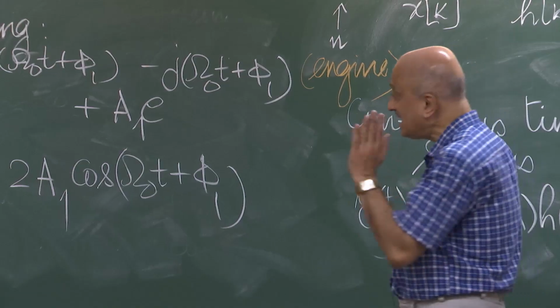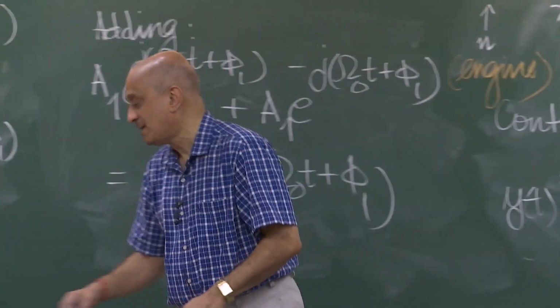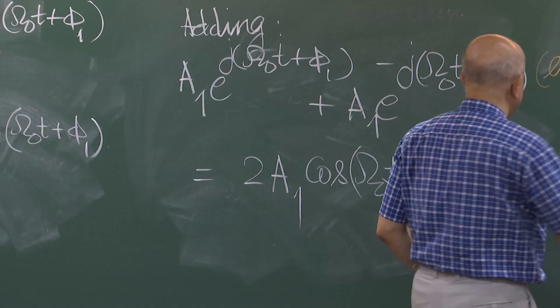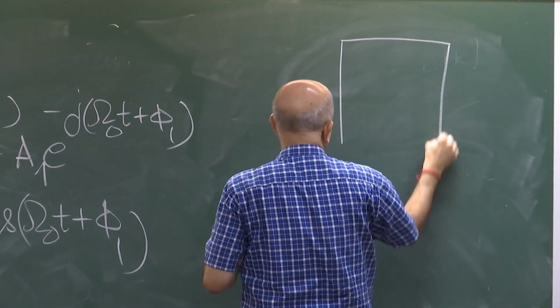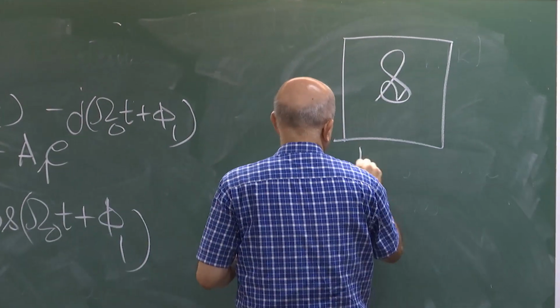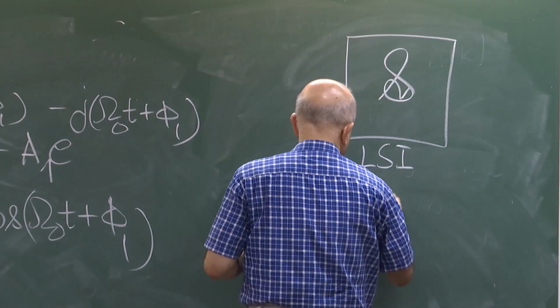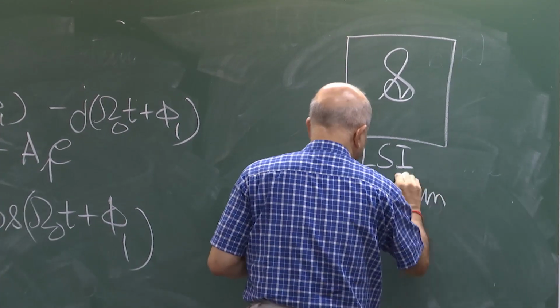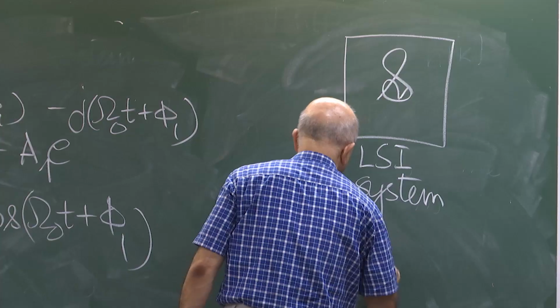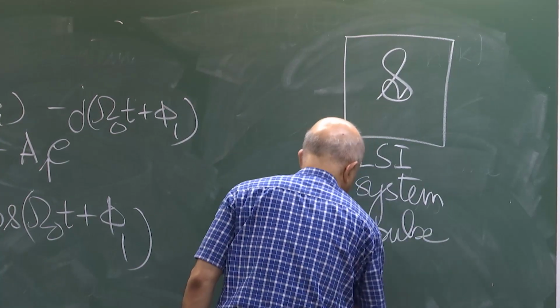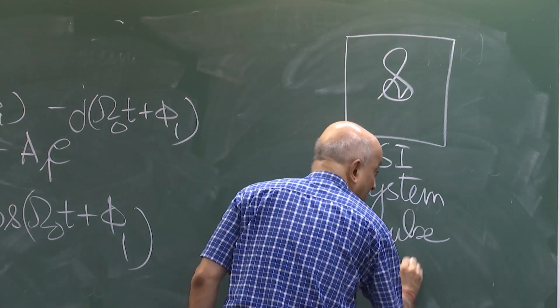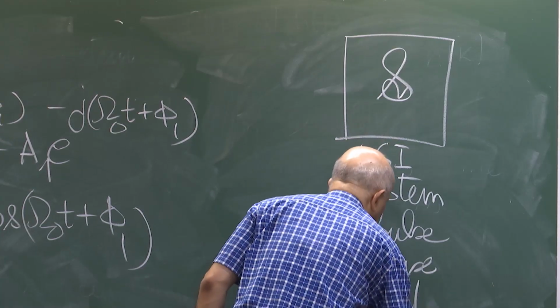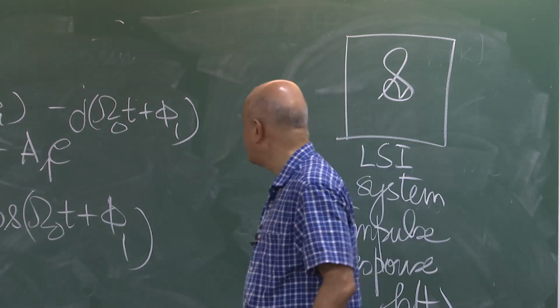Now, let us apply this rotating complex number to a linear shift invariant system. So, you have a linear shift invariant system, and it has an impulse response of h of t.